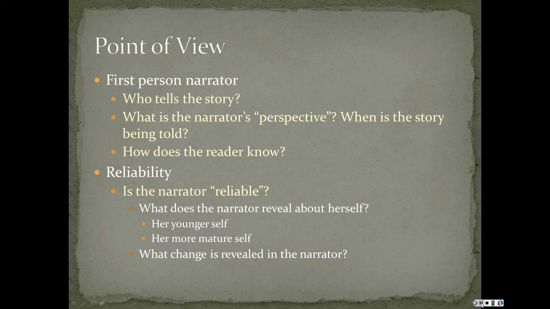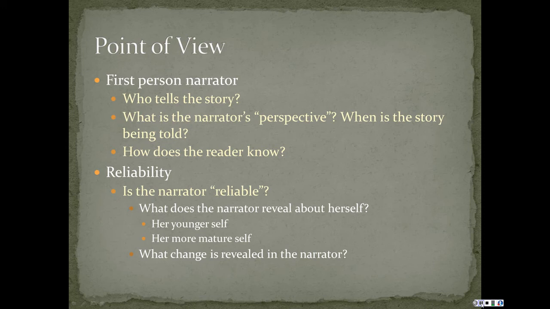Those are ways that we understand who is telling the story and from what perspective. We can look at whether or not the first-person narrator is reliable, what she reveals about herself, both her younger self, her more mature self, and what change is revealed in what we understand about the character.